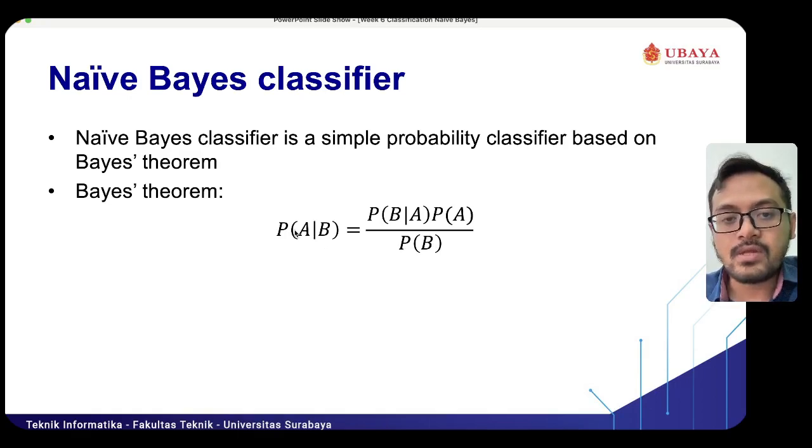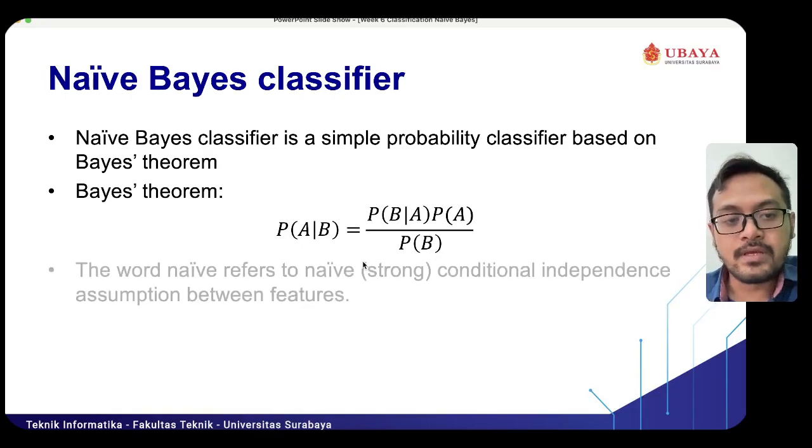The most important thing is that you know how to read this equation: P(A|B) is the probability that the A event occurs given the B event, and P(A|B) equals P(B|A) multiplied by P(A), divided by P(B).